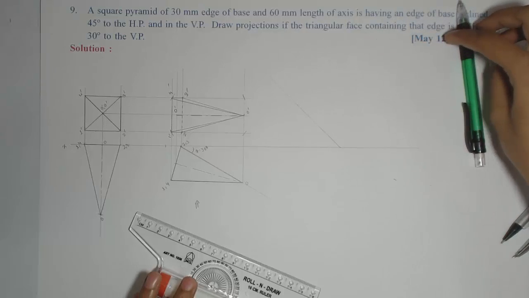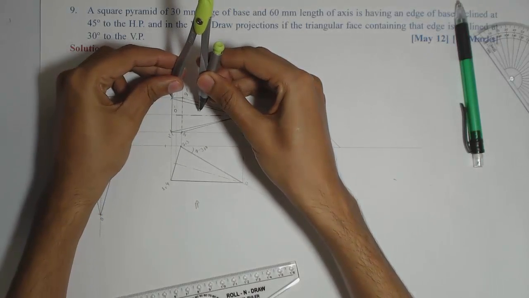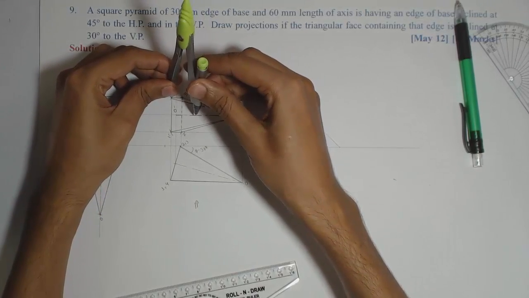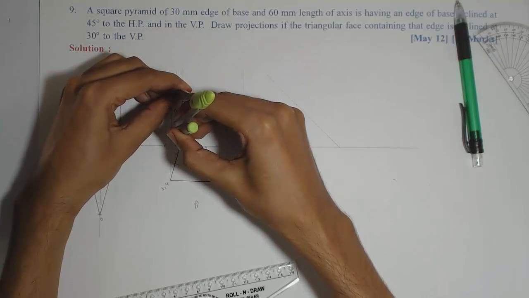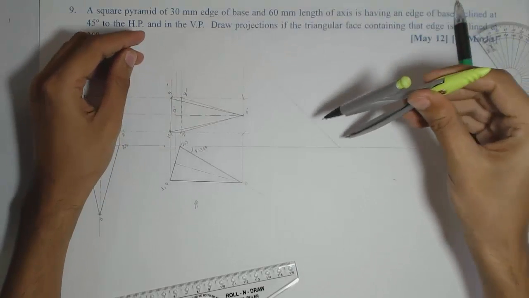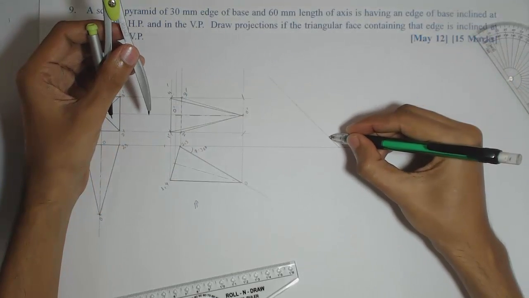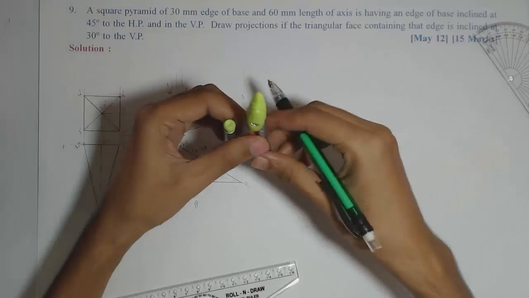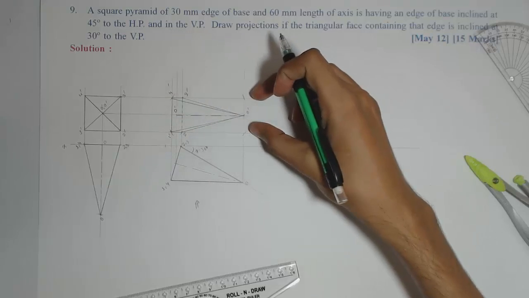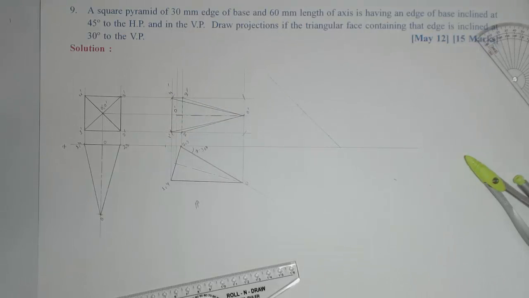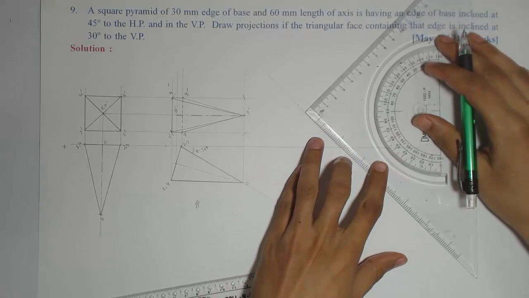Then on that 45 degree line, I will first mark the boundary of the rectangle, 1 dash 4 dash, keeping some distance from the XY. I'll start it here because nothing will come below this. Now to mark the length of the rectangle, we'll draw perpendiculars from both the corners to the inclined line.